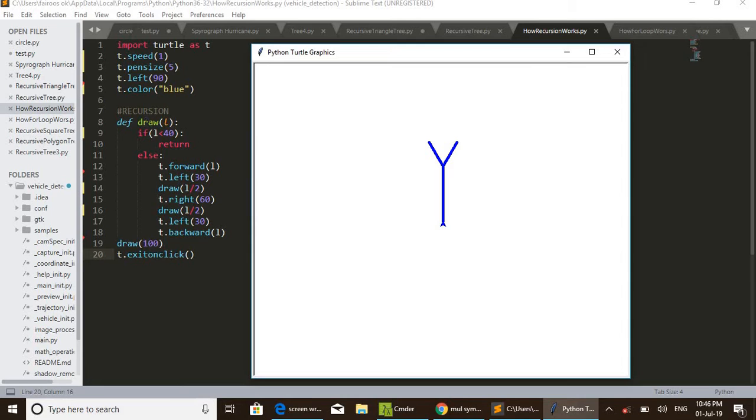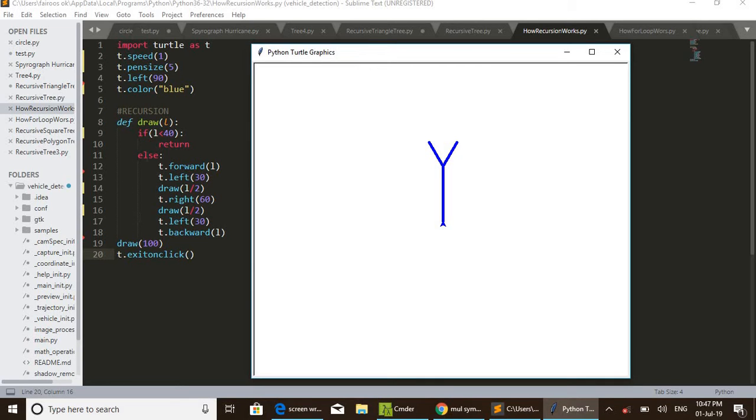Here we can see, we defined a function draw. In the 8th line you can see define draw in brackets L. This is the function. From 9 to 18, this is the code inside this function.